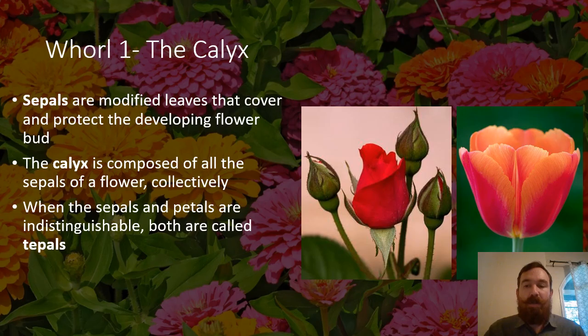These are basically the sepals, but because they are indistinguishable from the inner whorl 2, which is composed of 3 petals, we actually refer to all of the petals and sepals in this case as tepals. So we could say that a tulip has 3 sepals and 3 petals. But since we can't really tell the difference very easily between the two, we just call them all tepals.